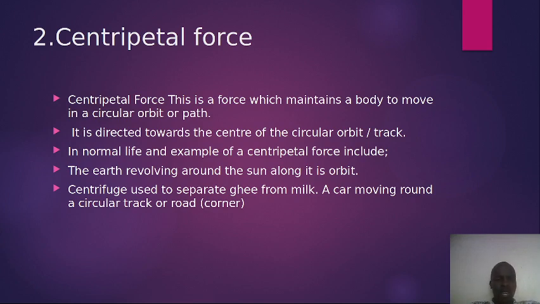The earth revolving around the sun is also a type of centripetal force, whereby the earth takes 365 days and some hours, a year plus a leap year. Centrifugal force is used in our daily lives, for example, in separating ghee from milk.